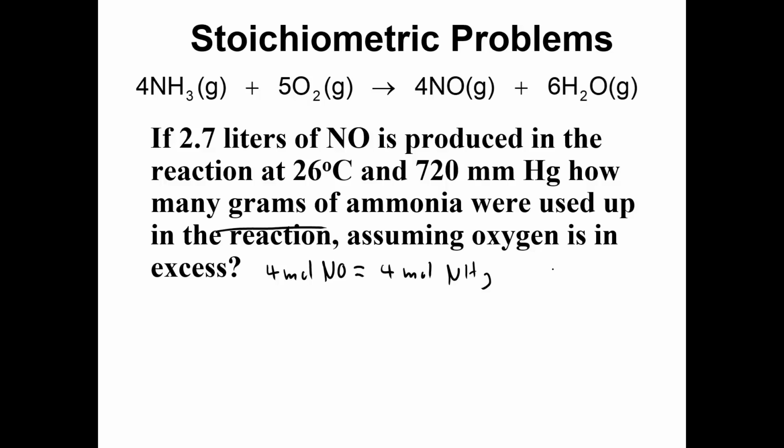So we're also going to need the molecular weight of ammonia. And that's, of course, 17.03 grams per mole. So the trick here is to use the conditions for NO, for N, solve that, and then use the molecular weight of ammonia because they are in the same relationship.